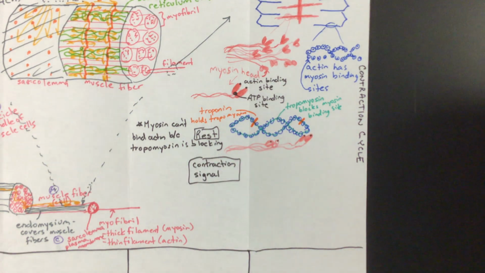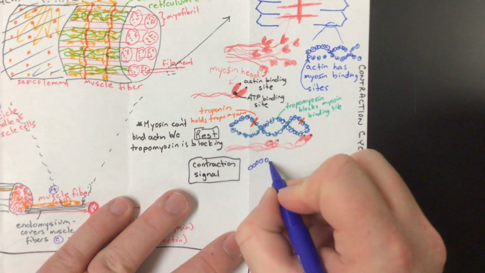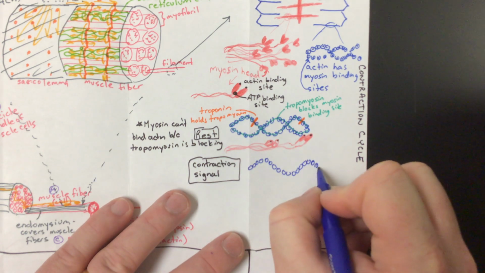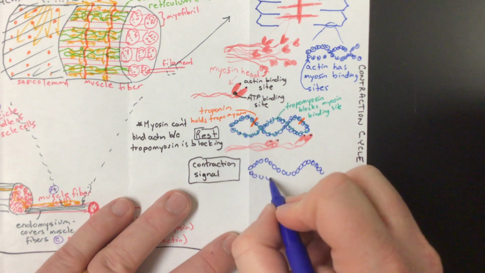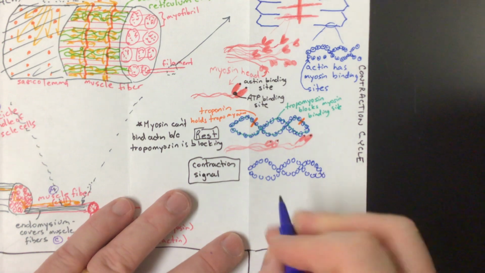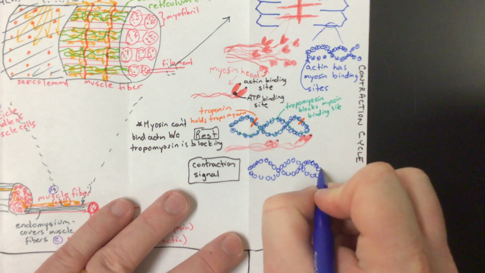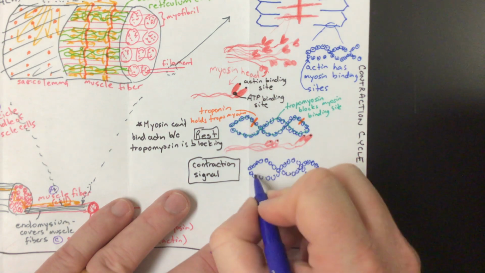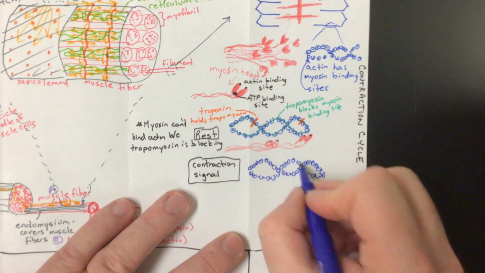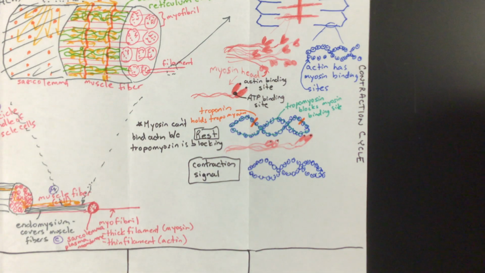So let's draw that. And we're still going to draw our actin thin filaments with the myosin binding sites on there. But in order to contract, the myosin has to be able to bind the actin.